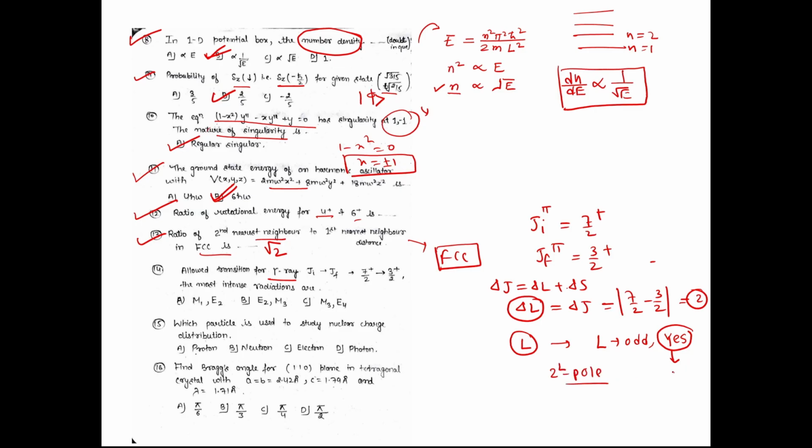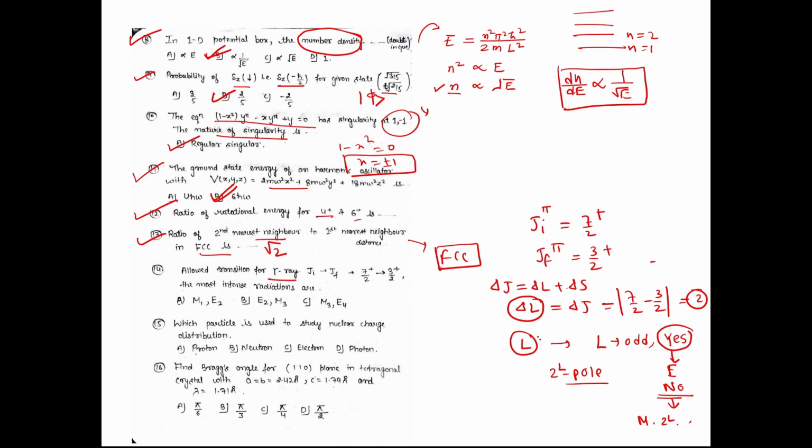It gives electric pole. And for L odd, if there is no change in parity, then it indicates magnetic pole, and it will be magnetic 2^L pole.